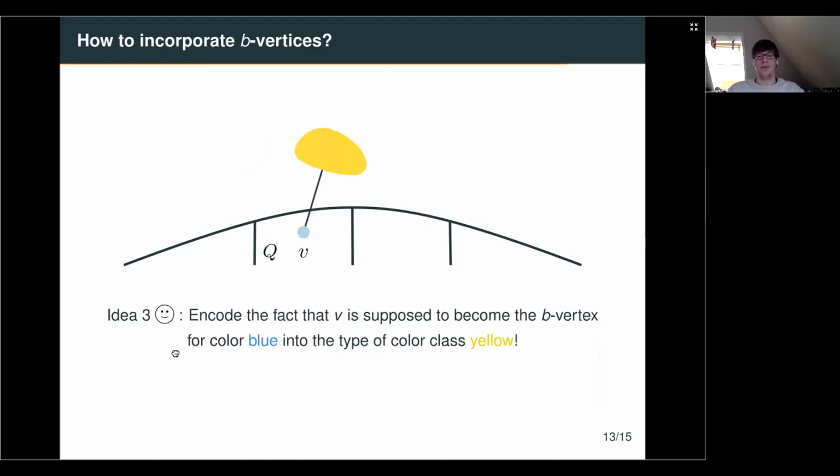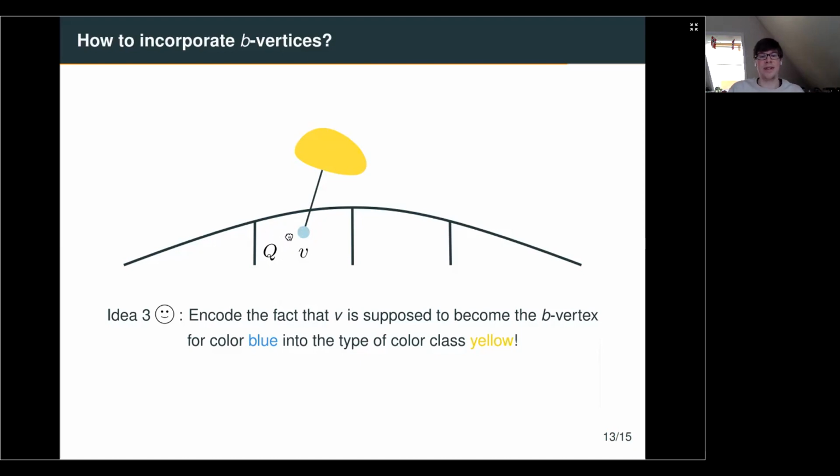Okay, so now let's see what does work. We switch the perspective. Instead of looking at the vertex V and saying it still has to see certain colors, we look at the color class yellow and see that color class yellow has to do something for vertex V to become a B vertex of color blue.